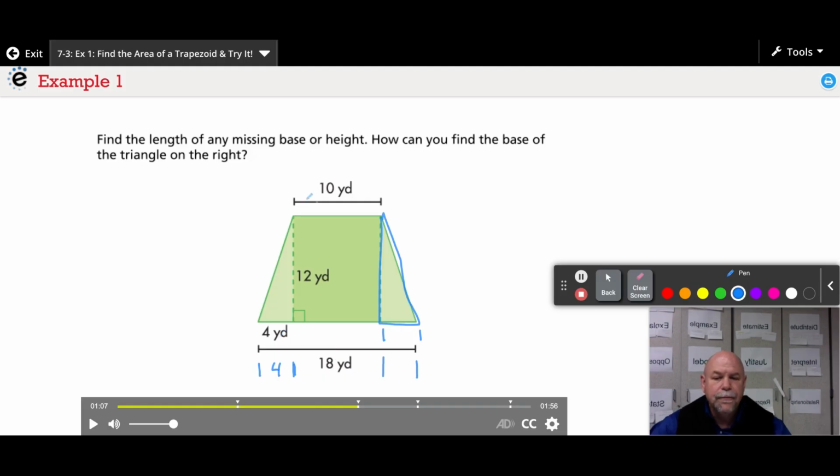We know this distance is 10, so what does this have to be in order for all three sections to equal that 18? So it has to be 4. 4 plus 10 is 14, plus 4 more is 18 yards, the whole distance. I'm sure they're going to do a better job than I did, but let's see what they say.